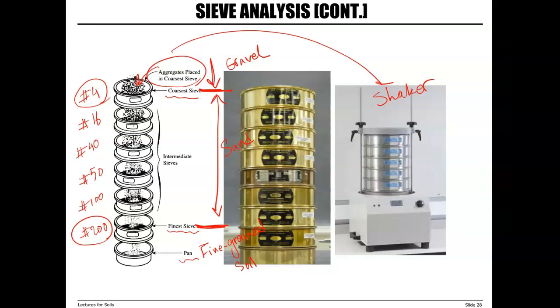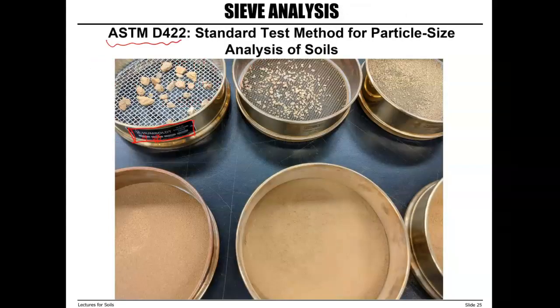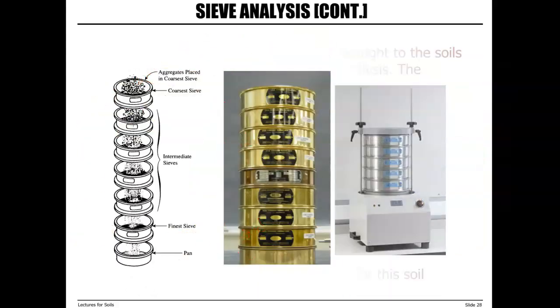After the shaking is done, then we remove all the sieves, separate all the sieves from each other carefully so we don't lose any particles, and then measure weight of each sieve with the particles retained on that sieve. The example that you see here, these are sieves with particles retained on them. We measure weight of sieve and soil particles retained on the sieve.